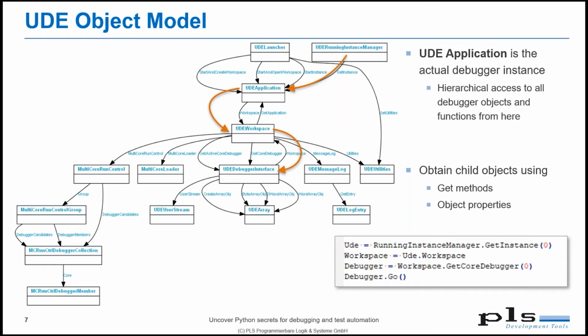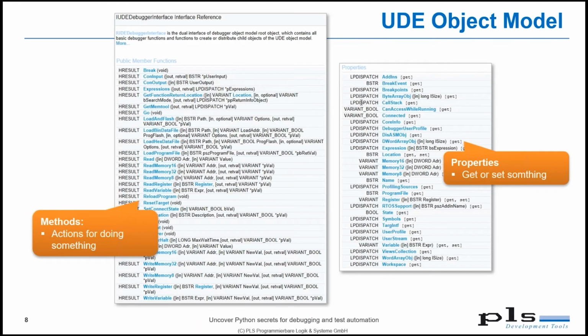And finally, from that, we obtain the core debugger that allows us at the end to execute a go command, for example.